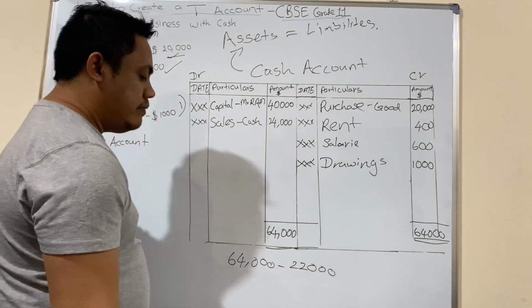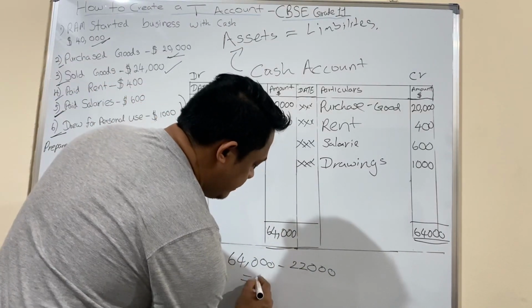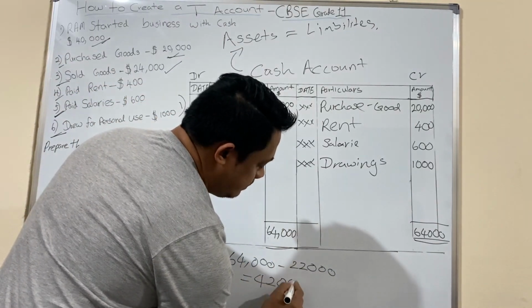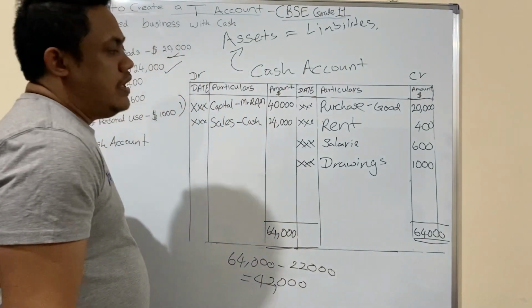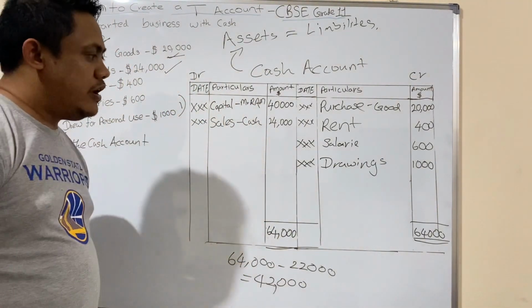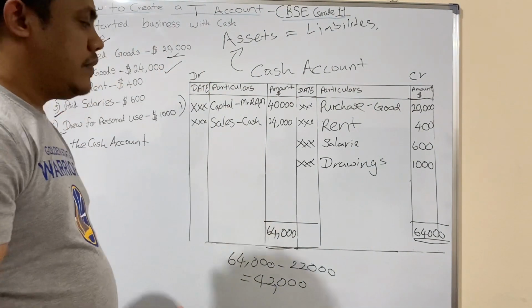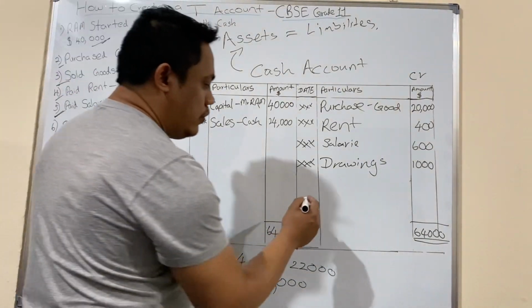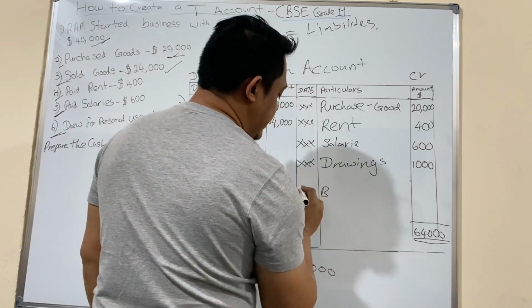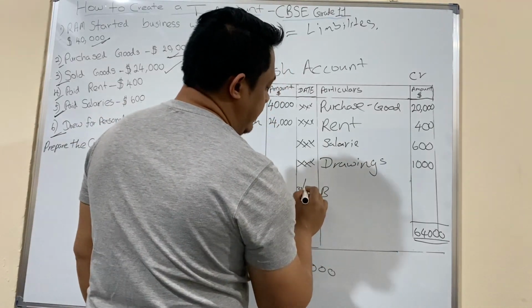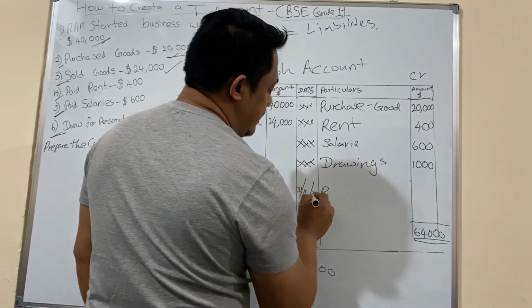So how much will come? Balance will come 42,000. Where will you put the 42,000? You want to carry forward this balance, right? Okay. So you will carry forward this balance at the month end, whatever the year.